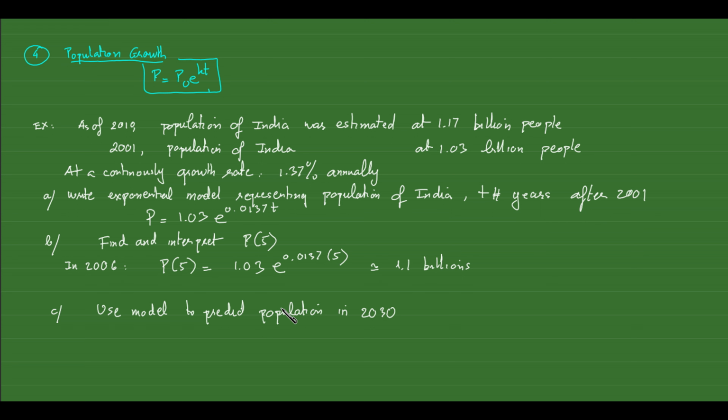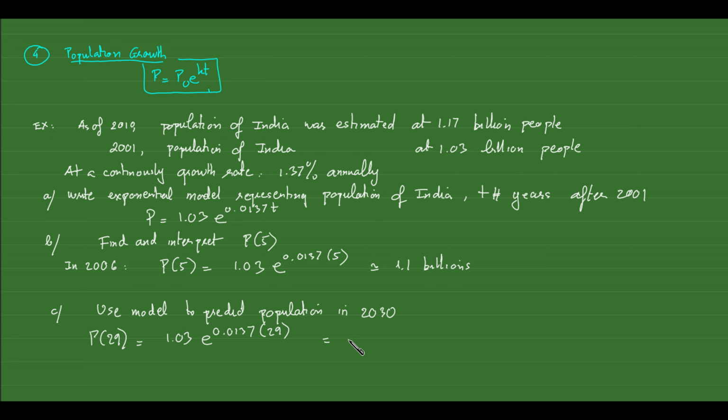So you're going to calculate P of 29. So P of 29 equals 1.03 e to the 0.0137 times 29.